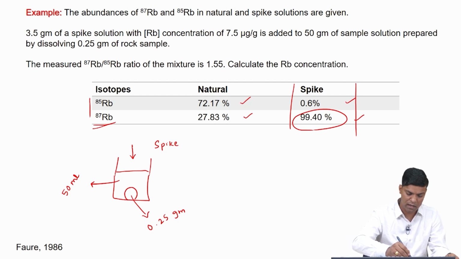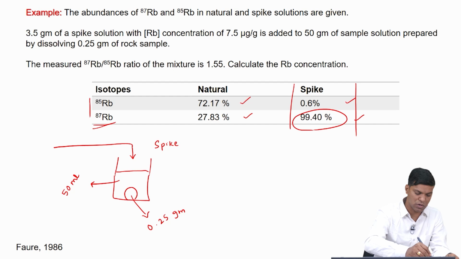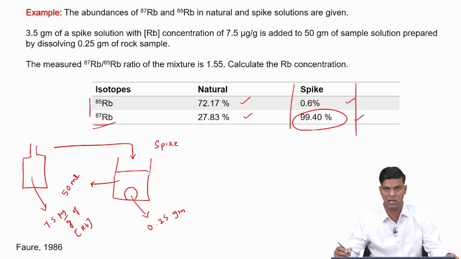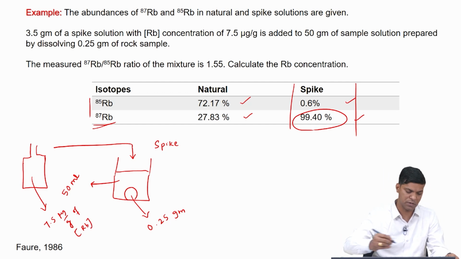This spike actually comes from a spike solution, and this has a concentration of 7.5 microgram per gram of rubidium. So, this is the concentration of rubidium of the spike solution.